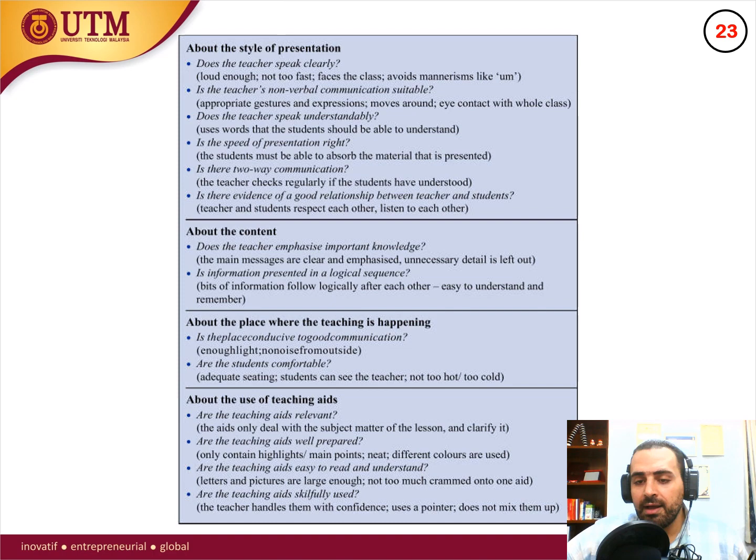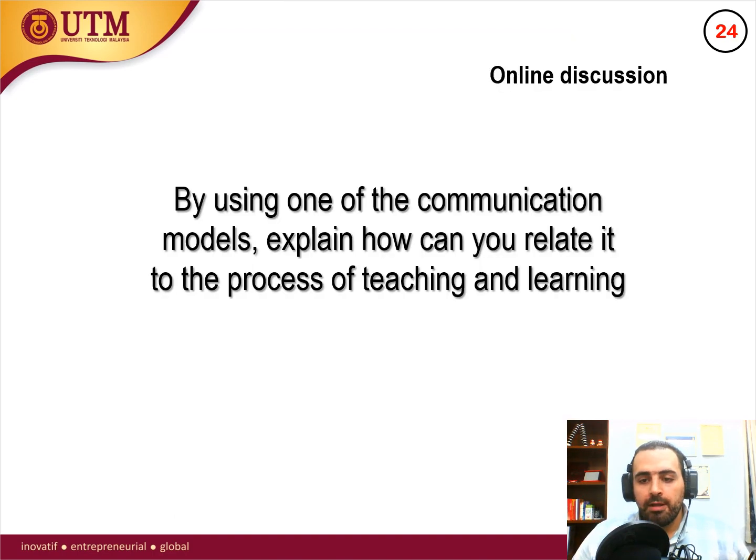All right, finally, during this class we learned about communication. What does it mean? What types of communication? What models of communication are commonly used, and what are the terms of the elements of these models, and how can we differentiate between each of these models.